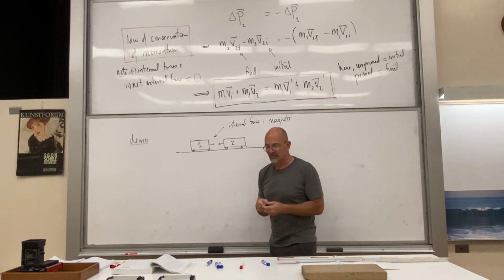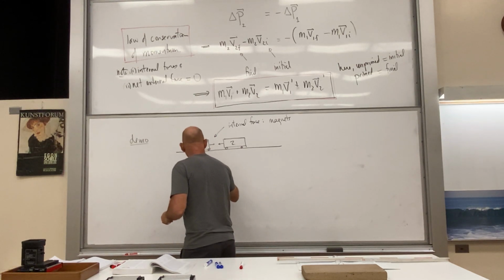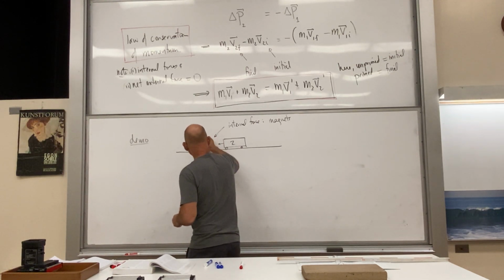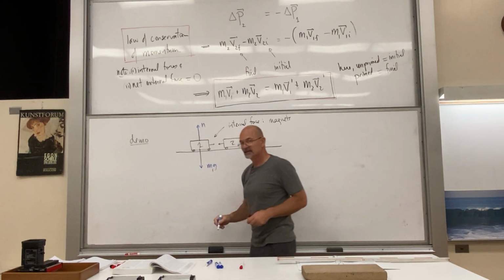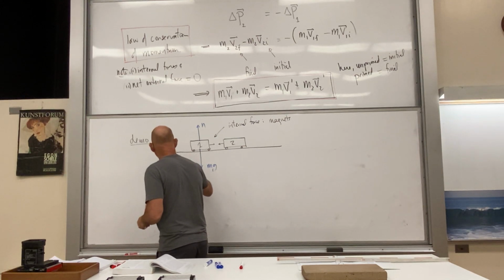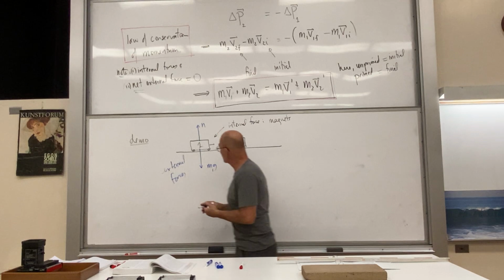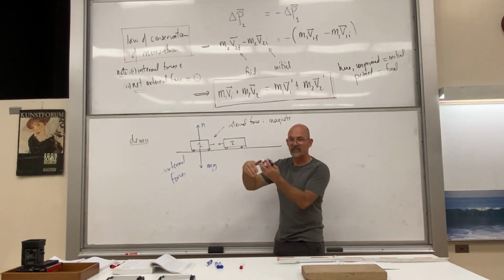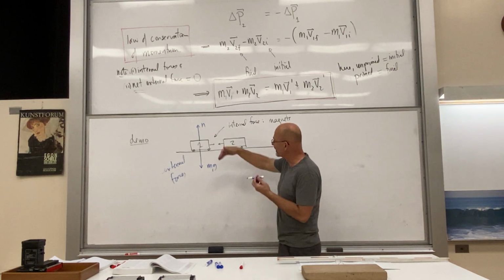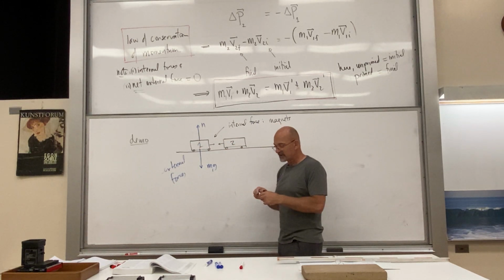The external forces were mg, m1g, and N. Now, the net external force is what was 0, right? N and mg balance and cancel each other out exactly, so that the net external force is 0, and these things are moving without friction.